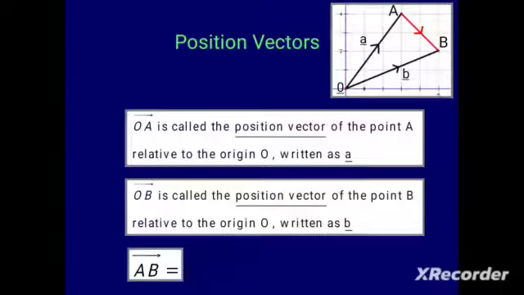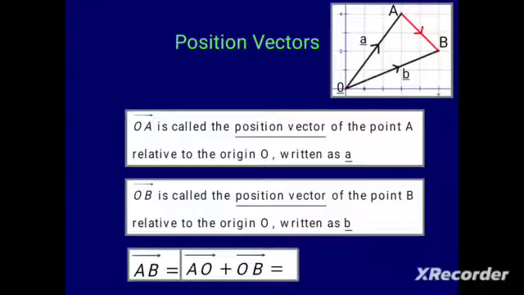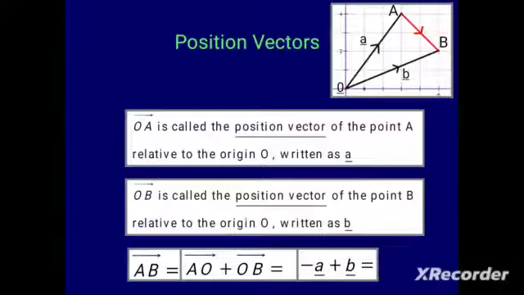So that means that vector AB is equal to vector AO plus vector OB. Remember, vector AO is negative a, so it will be negative vector a plus vector b. Now rearrange the signs where the addition is given priority, so it will be vector b minus vector a.